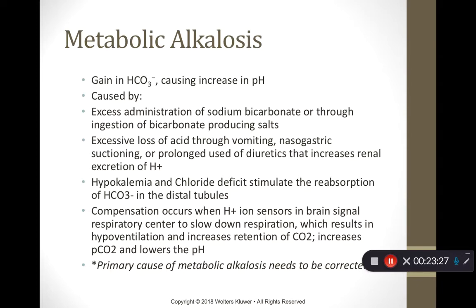Hypokalemia and chloride deficit also stimulate the reabsorption of bicarbonate in the distal tubules. And compensation would occur when hydrogen ion sensors in the brain signal the respiratory center to slow down respiration, which will then result in hypoventilation, which will then increase the retention of CO2, which will increase partial CO2 and lower the pH in the system.